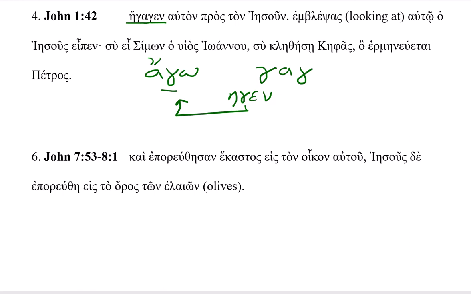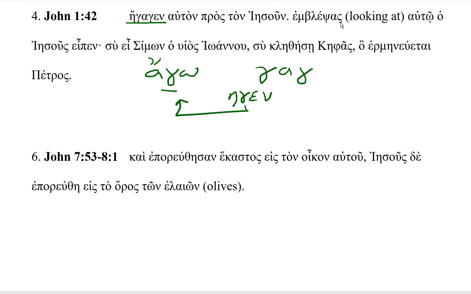Since we have egagen, we're looking at an aorist. So this is an aorist from ago. We don't have an explicit subject. We have he brought him pros ton Iesoun, to the Jesus or to Jesus. So he in this case, I believe, is probably Andrew, and him would be Peter. So Andrew brought Peter to Jesus.